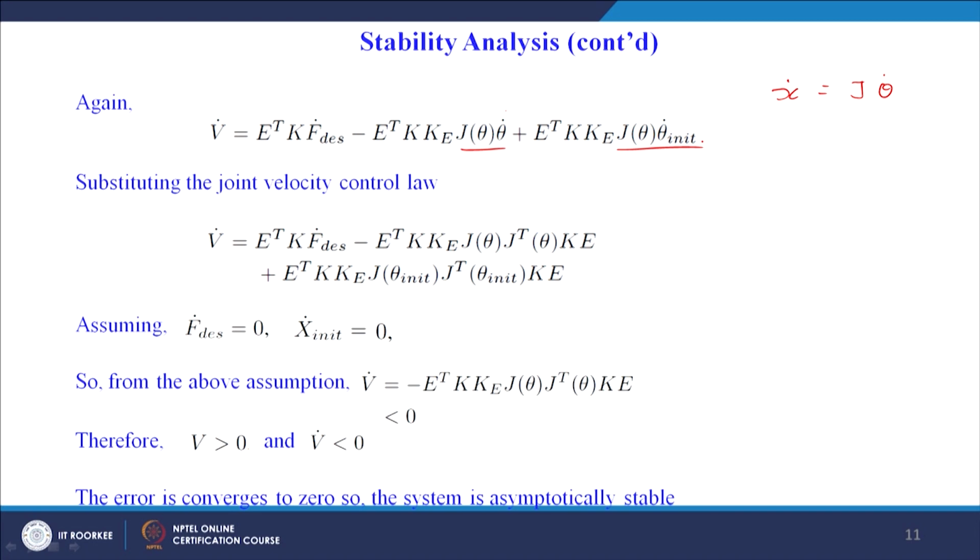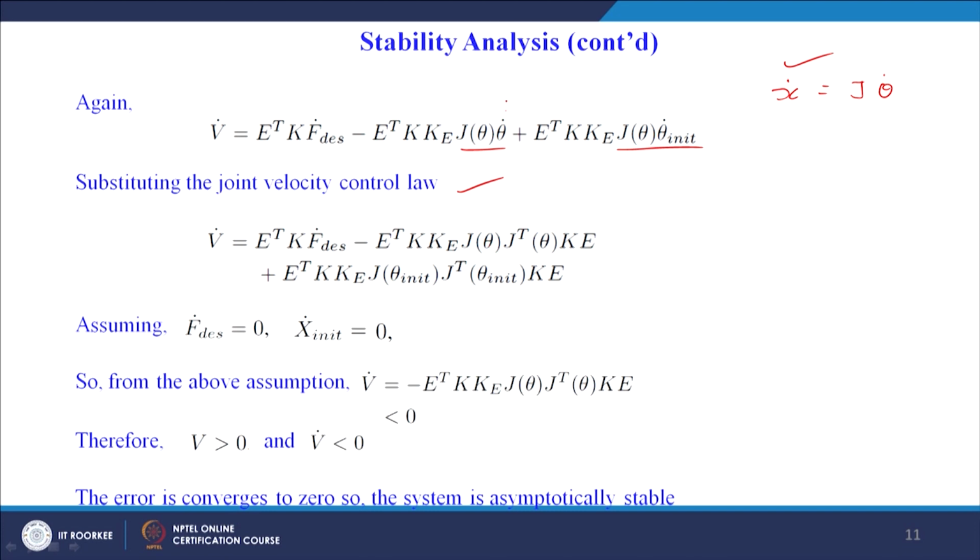Similarly, with the second term also, with the third term also we have replaced the tip velocity by the Jacobian multiplied by the joint angular velocity. Substituting the joint velocity, the control law, we have obtained V dot equal to E transpose K F desired dot minus E transpose K K E J J transpose K E.